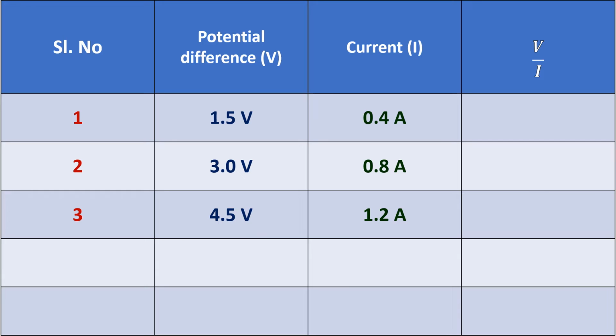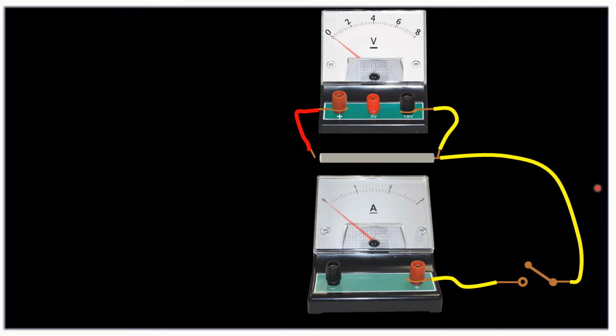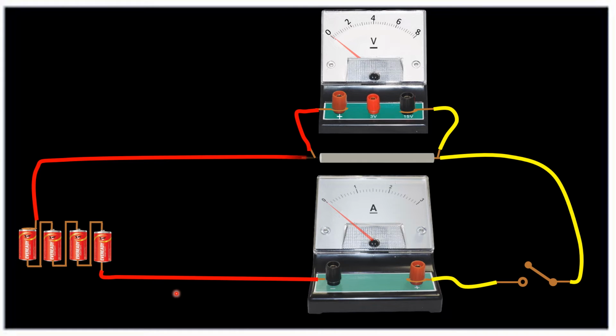Next, now I will connect 4 dry cells in series. You see here. Okay, so let us close the key here. Then you can see here 1.5, 1.6 amperes current is passing through the iron spoke.